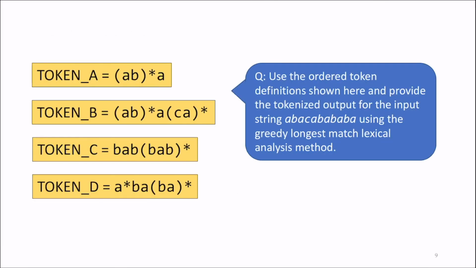So as an exercise for you, take a look at these token definitions. So there's token A, B, C, and D, and I've provided a sample input here. Your job is to apply this lexical analysis algorithm. First, create the finite state machines for each of these, and then return the sequence of tokens.